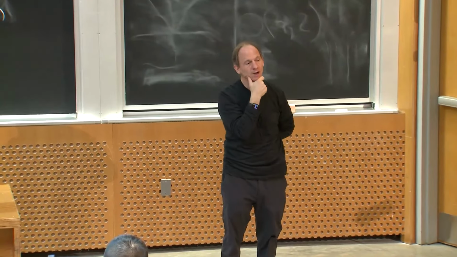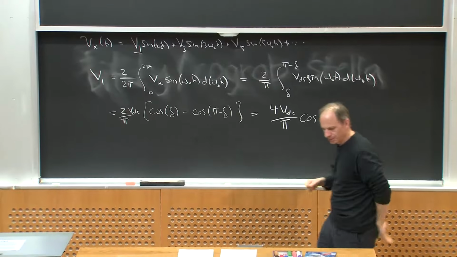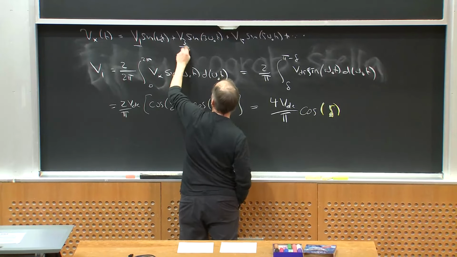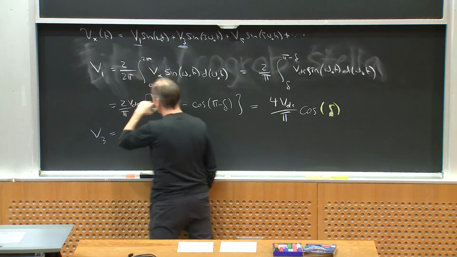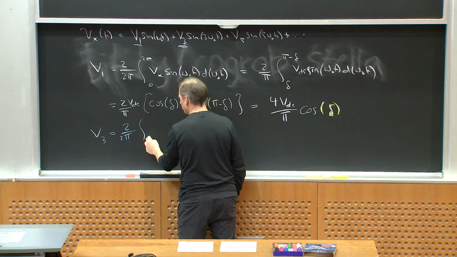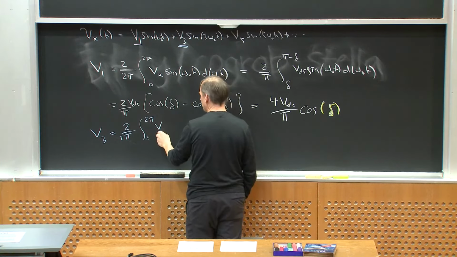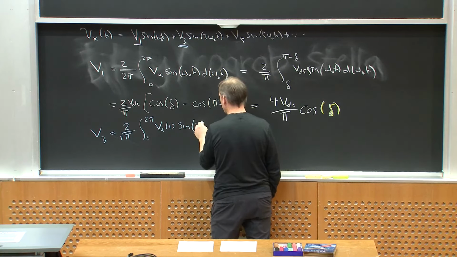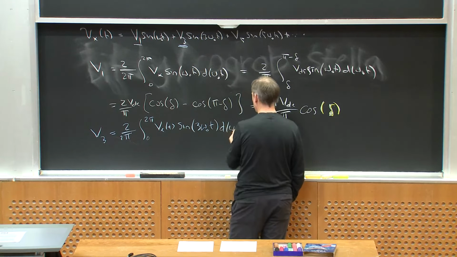Well, the other thing I can do is harmonic control. Let's ask the question, what does V3 look like? Well, V3 is equal to 2 over 2 pi, integral from 0 to 2 pi of Vx of t times sine of 3 omega naught t, d omega naught t, right?